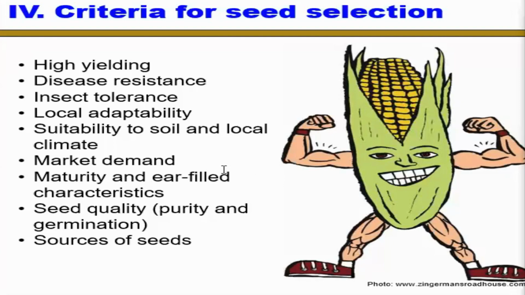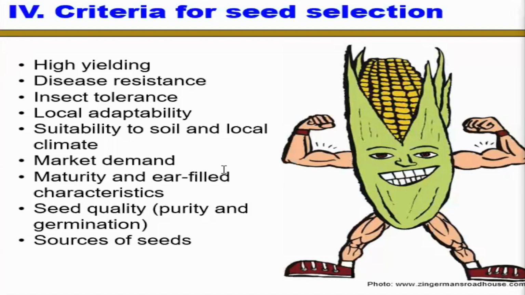Next is the maturity and ear field characteristics of seeds. That is very important because, as we go on, maturity will be a tool for off-season production. Likewise, to minimize the contamination of aflatoxin in the grains during the reproductive stage of the corn, we look at the husk cover and ear characteristics.